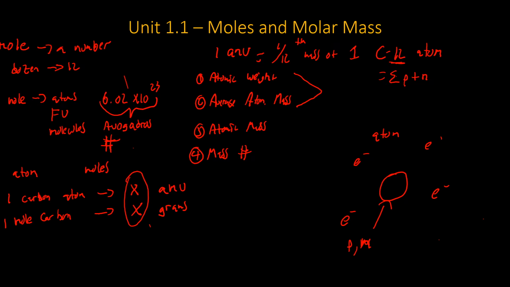Given that, you can infer that this weight term really means it is an arithmetic average. So it is a weighted average value found by the relative abundance. Relative abundance meaning different versions of any one given atom.